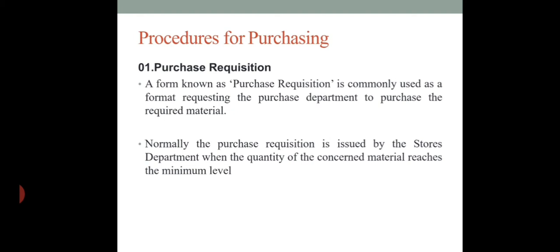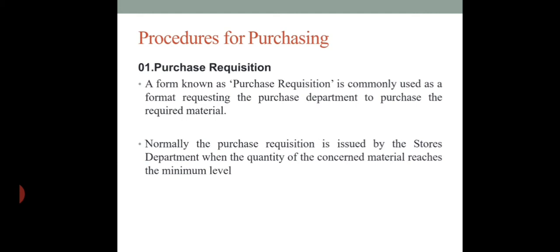This form is prepared by the storekeeper and is generally prepared in triplicate, that is, three copies of the purchase requisition. The original copy is sent to the purchasing department.